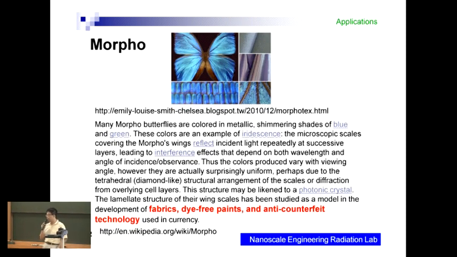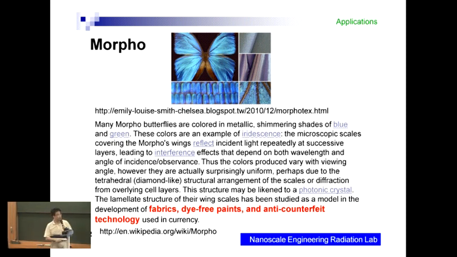Morpho is a kind of animal that uses nanotechnology, and we humans employ this kind of nanotechnology in our daily life. It can be used in fabrics, dye-free pens, and anti-counterfeit features in, let's say, your paper bill. Why?